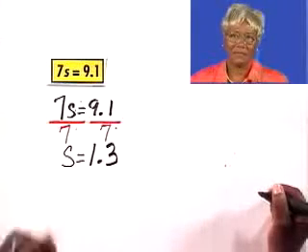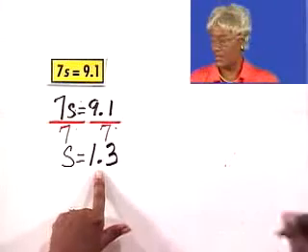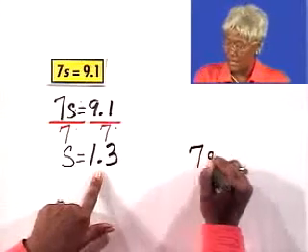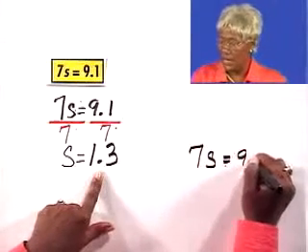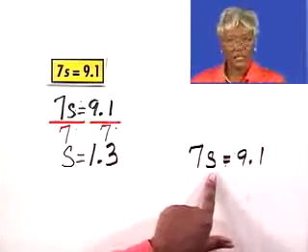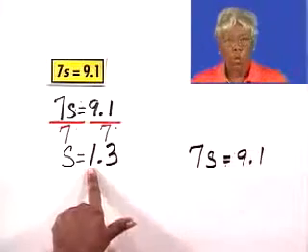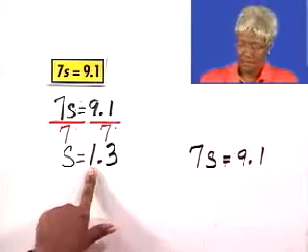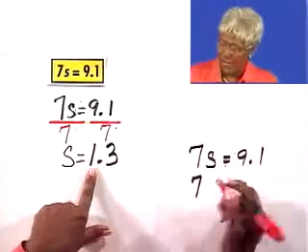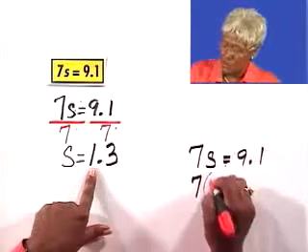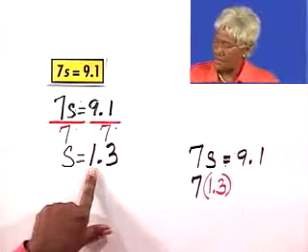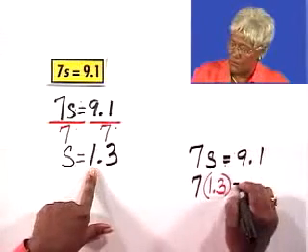Let's check it. I want to make sure that this is the correct solution. I'm going to write the equation again. The way you check it is simply to substitute 1 3/10 in place of the variable s. I'm going to put 7, and substitute here 1 3/10.